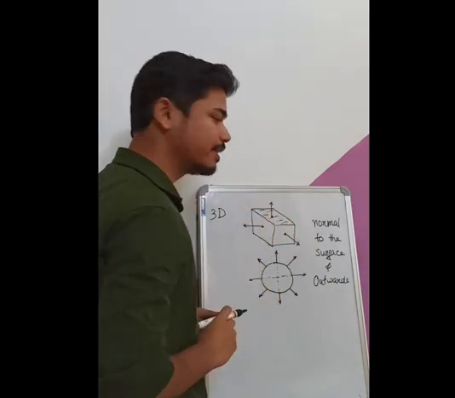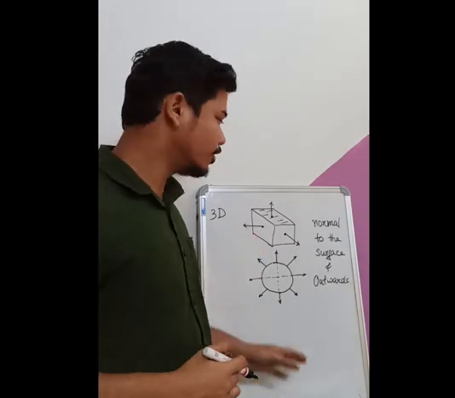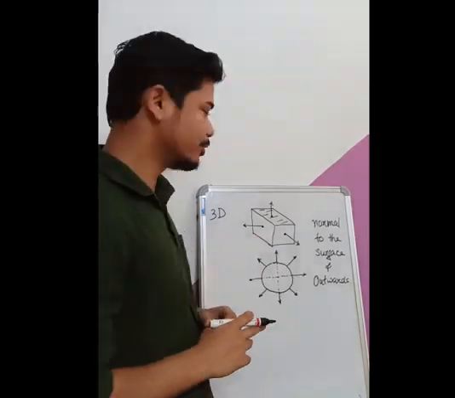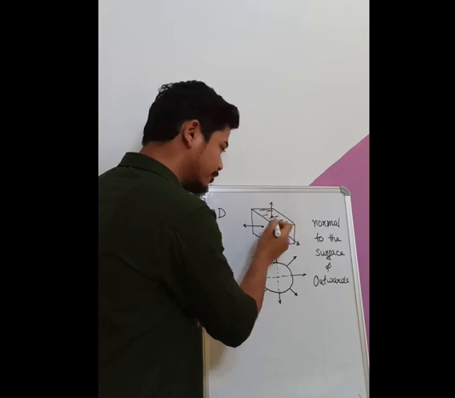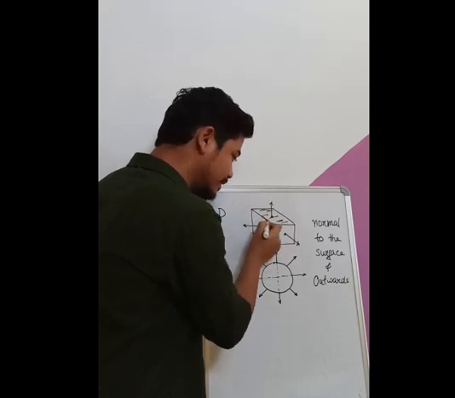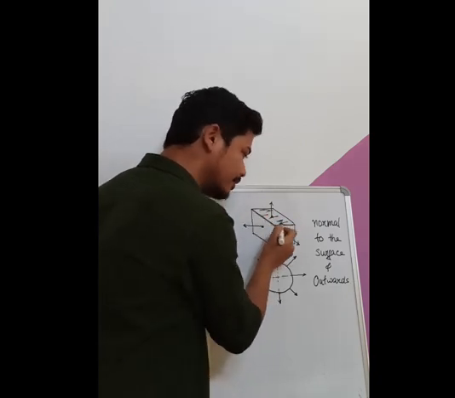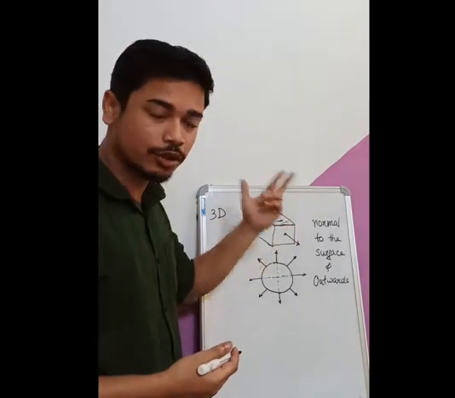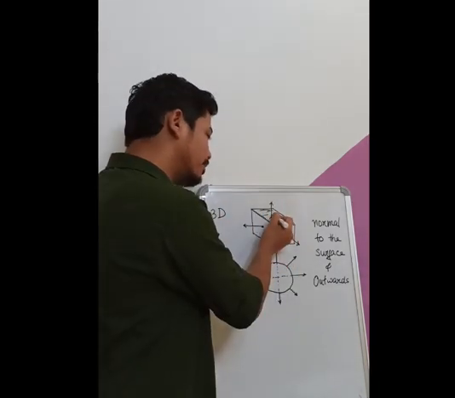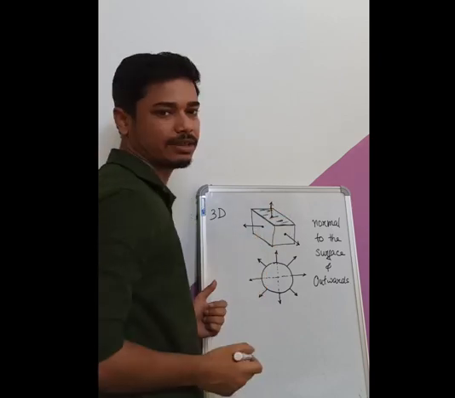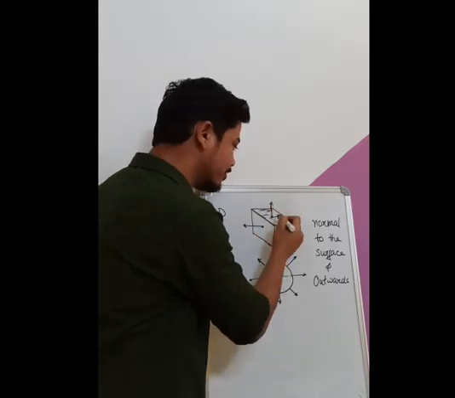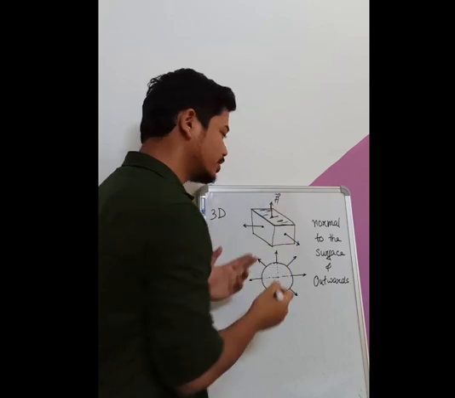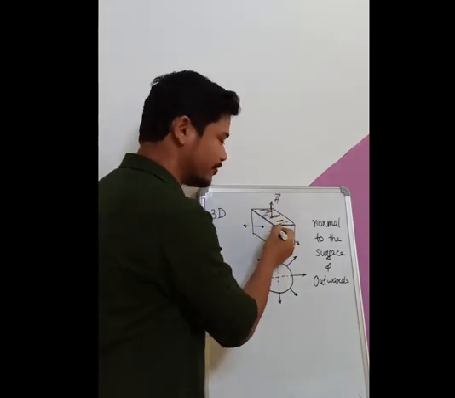For this surface, what would be the direction of the area vector? If we calculate the area, we will have to multiply this side with this side. Okay, so these two are vectors. What would be the direction of the resultant of those two vectors? That will be perpendicular to this surface. The direction of the area vector would be along this direction, which is perpendicular to this surface.